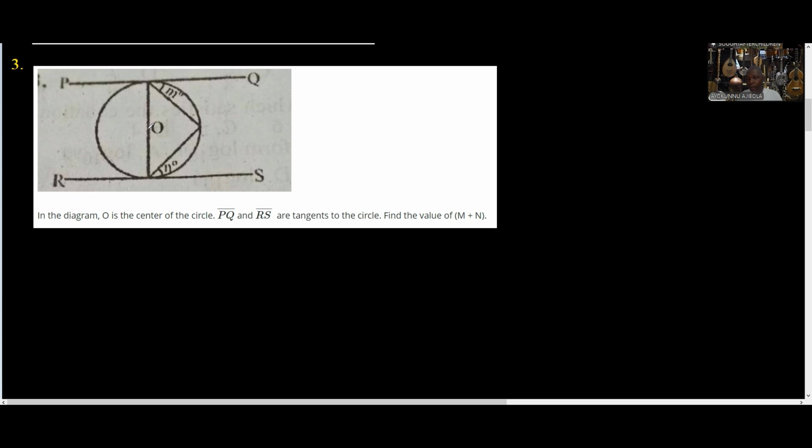Now, you've been given the diameter because they say O is the center. That means the angle at A is going to be a right angle. So if I label this region Y, and this place X, then I can say M plus Y equals 90 degrees.